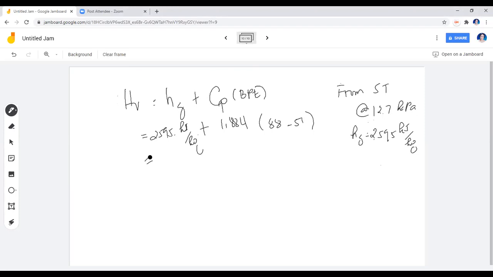So you need to get the sum of those two terms there. This will give you a value of 2664.71 kilojoule per kilogram.